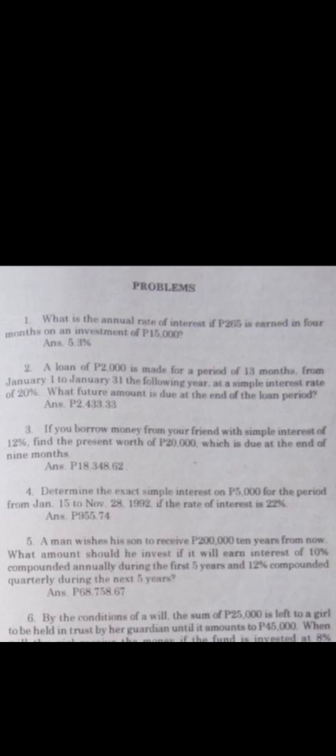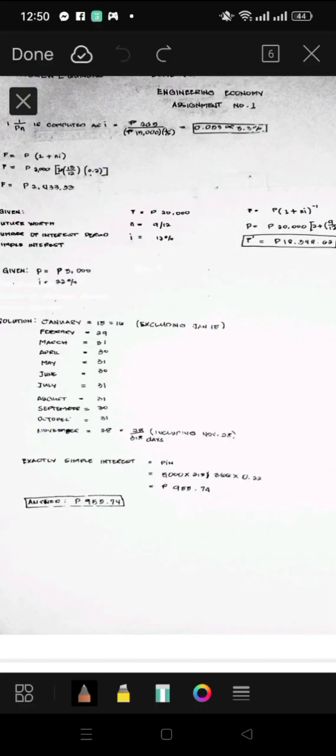So problem number one is: what is the annual rate of interest if 265 pesos is earned in 4 months on an investment of 15,000 pesos? In this case, let's state our given in our formula, then do direct substitution.